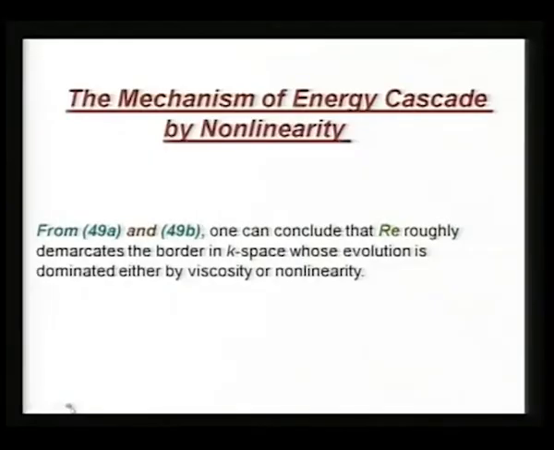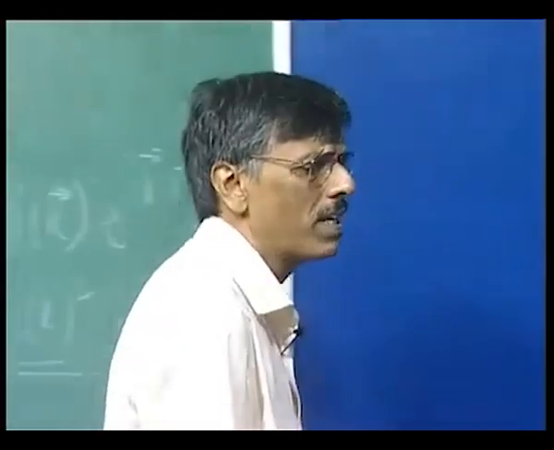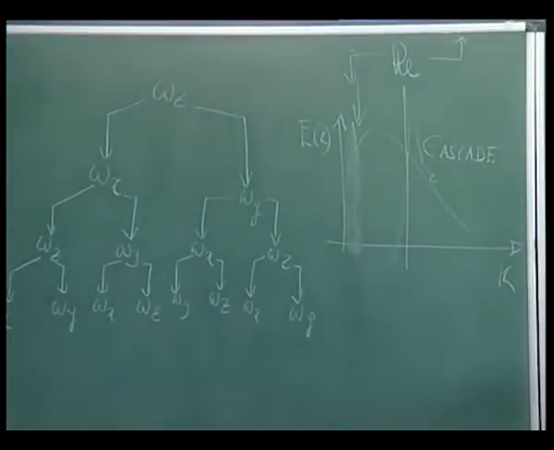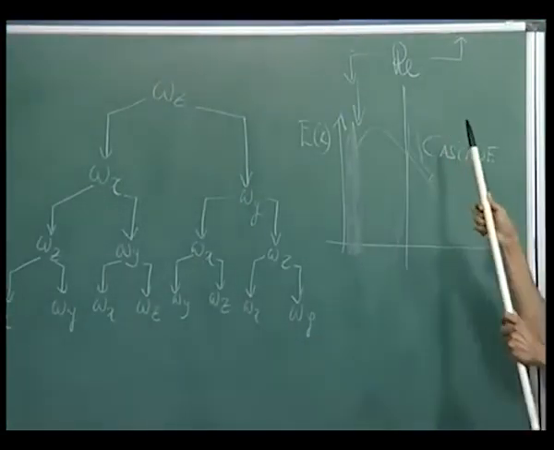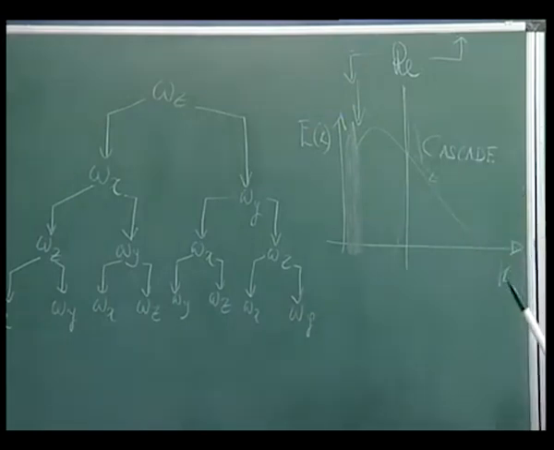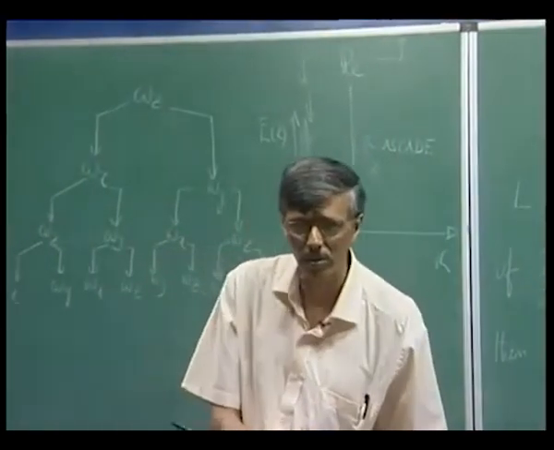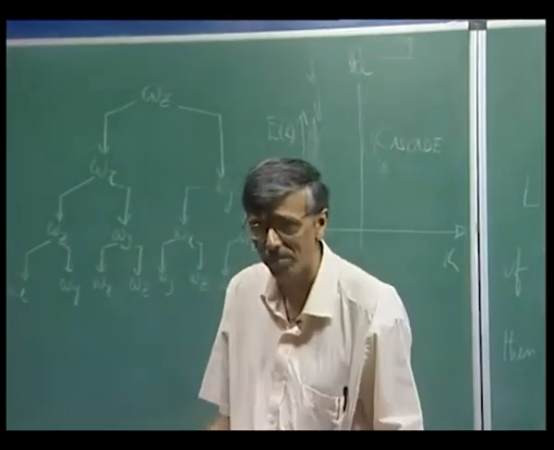So, that is what I said, that Reynolds number roughly demarcates the border in k space whose evolution is dominated either by viscosity or nonlinearity. So, we are talking about a truly time dependent flow, right. Turbulent flows are indeed time dependent. So, this is not frozen, because this border itself will keep moving depending on whether the nonlinearity is important or the viscous term is important, and both these terms keep changing with time.